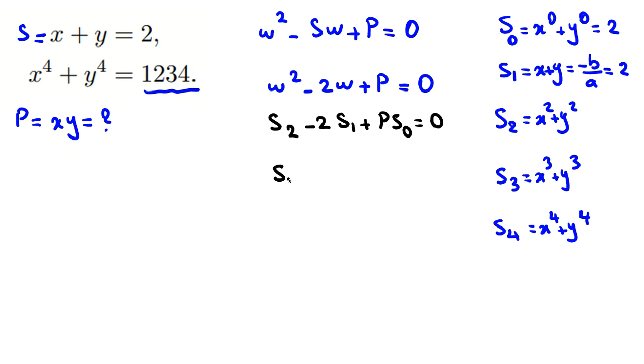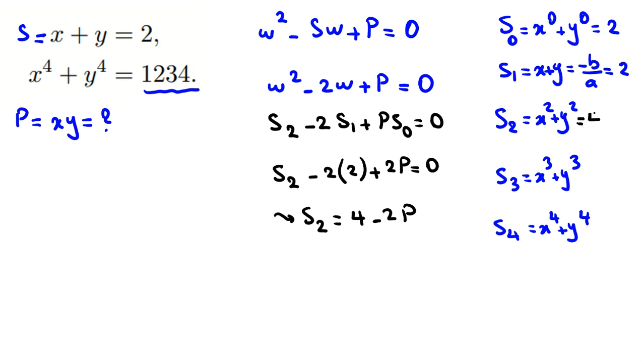So S2 minus 2 times 2, plus S0, which is 2, times P, equals 0. Taking everything to the right-hand side, S2 equals 4 minus 2P. So we found S2 is 4 minus 2P.